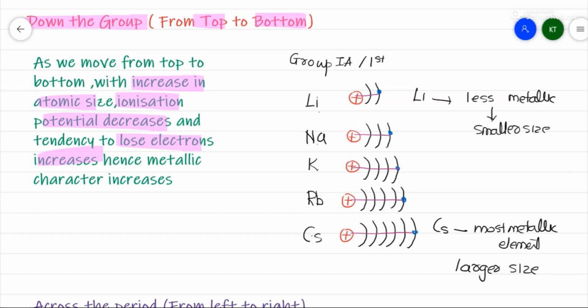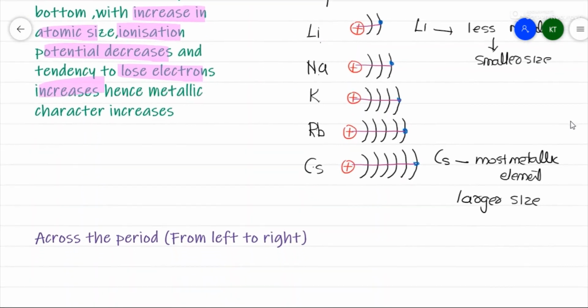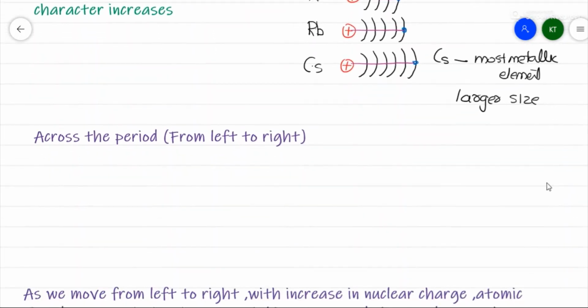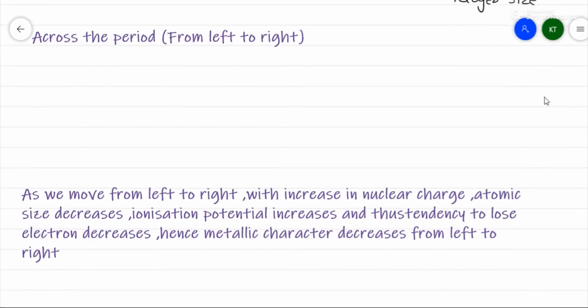As a result, metallic character will increase. Now let us see how the metallic character changes as I move from left to right.